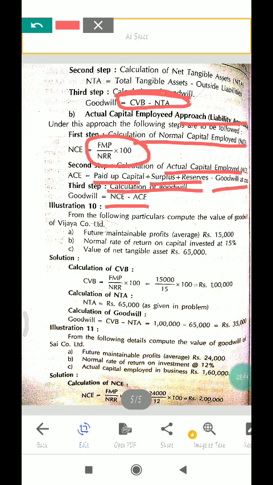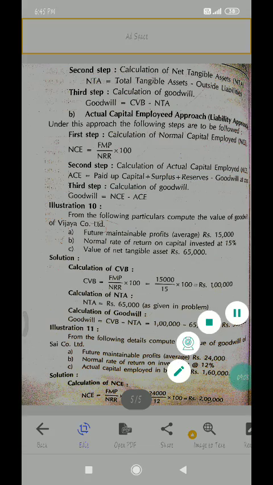Is it clear? So there are two approaches to calculate the value of goodwill under the capitalization of average profit method. All formulas are clear. Next we will move on to an example. It's an illustration. From the following particulars, compute the value of goodwill of Vijaya Company Limited.